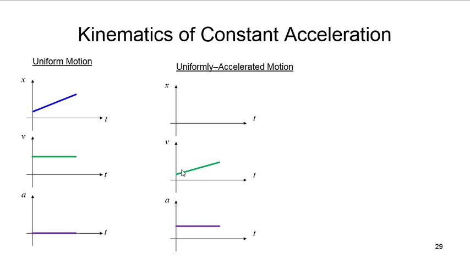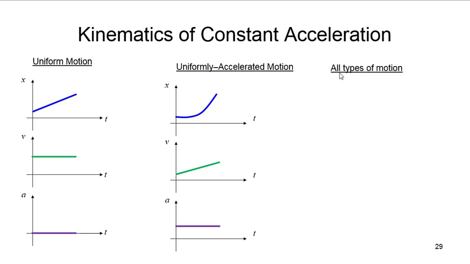The velocity is changing, but at a constant rate because the acceleration is constant. Now the position graph is a little trickier, but what I want here is a graph that has a slope that is becoming more and more positive, a bigger and bigger value. I want a slope that gets bigger and bigger. And this is something that has a slope that gets bigger and bigger. So it's nice to compare these sets of graphs and understand how they're related.